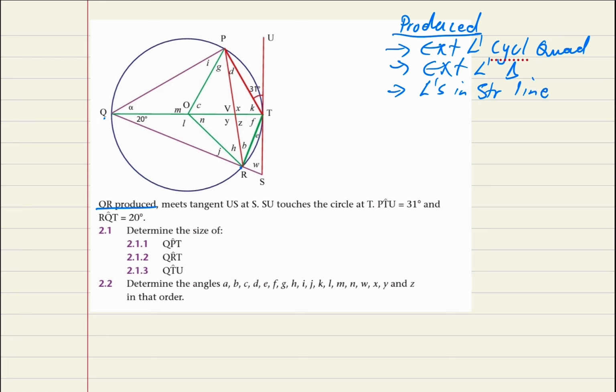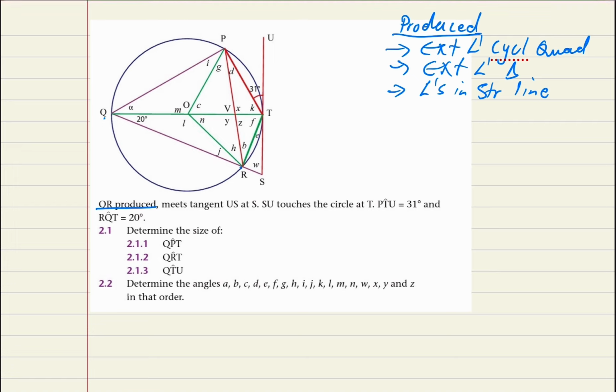So it tells you about these three things. If you check there, you can observe the exterior angle of a cyclic quad. Okay, so those are the things that you need to check.